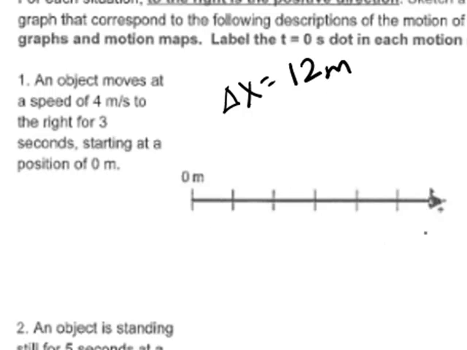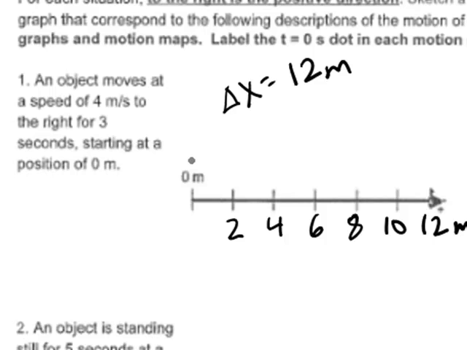So I want to make sure that my motion map can cover 12 meters. I'm starting at 0, 2, 4, 6, 8, 10, 12 meters. I put the numbers below, it just makes it a little easier to see the motion map in just a few moments.